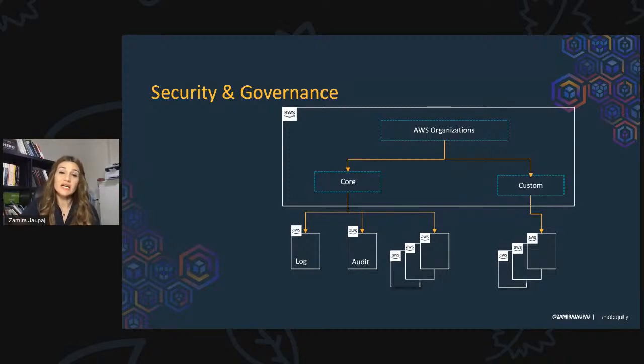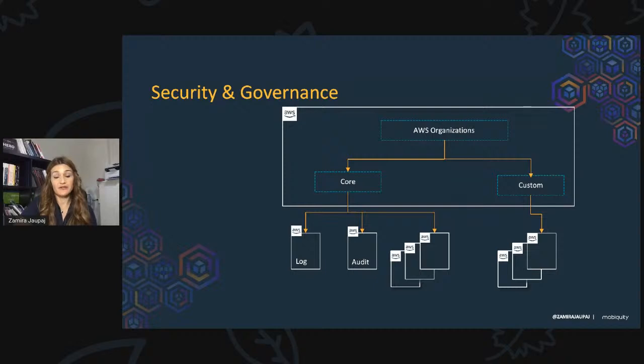We want to make sure that these customers, first of all, don't speak together, and that all of these accounts are secure. So what happens in the organization? We have these groups of accounts, and we automatically apply the policy to a specific group.